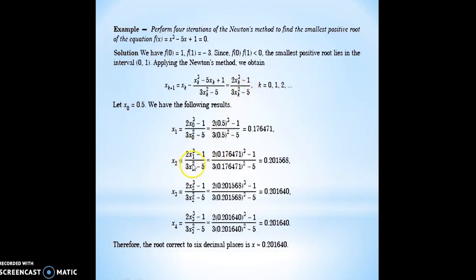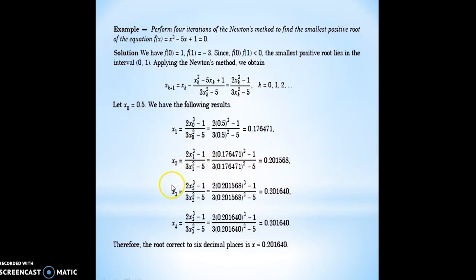We found that x1, the first approximation, is 0.176471, so we put this here and here. After calculation, we will get 0.201568. So now we have the second approximation to the root.